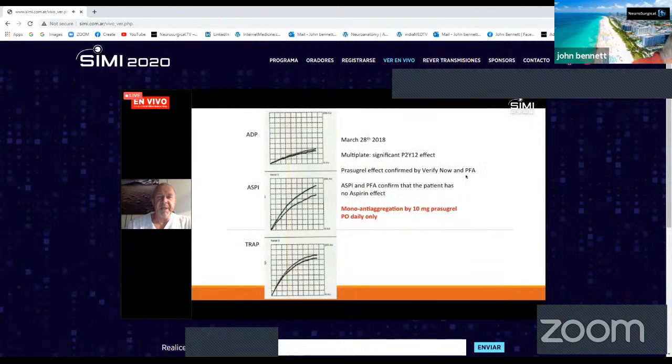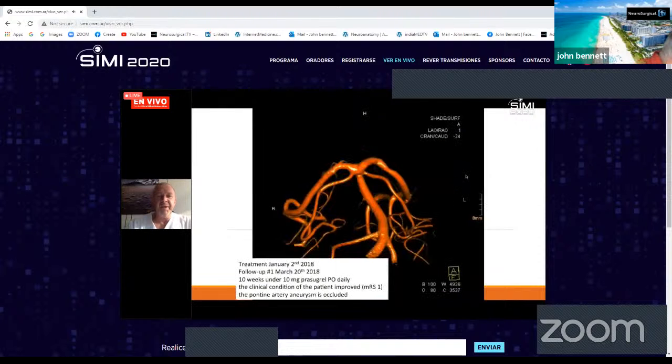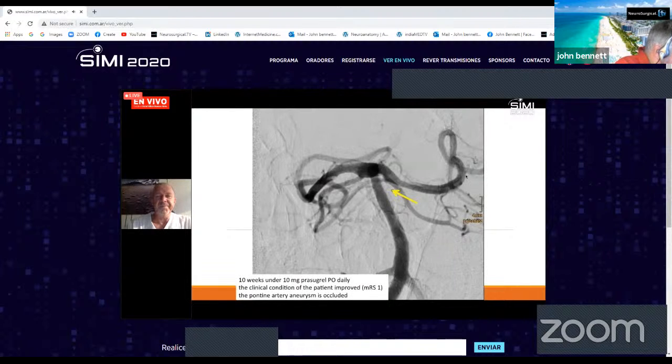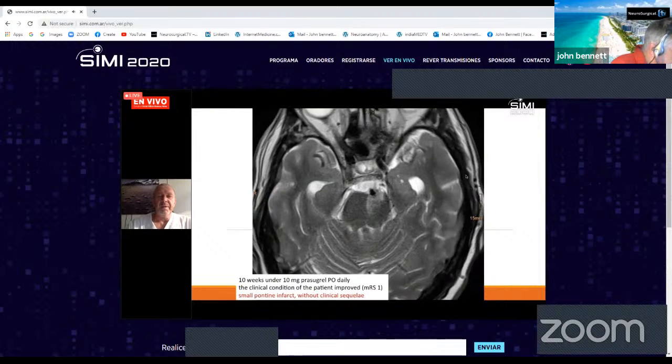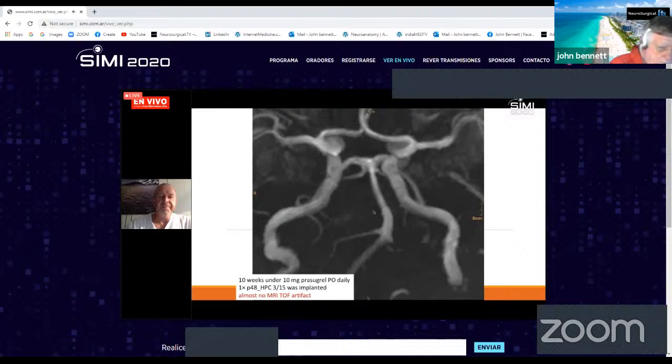The patient was kept under single antiplatelet therapy with prasugrel only, and this is a follow-up in March of the same year. 3 months later, the aneurysm is completely occluded. The patient had a small asymptomatic pontine infarct without clinical symptoms.